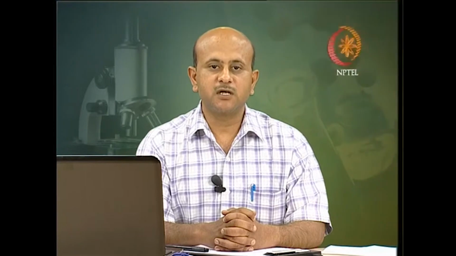So, this completes the section on this particular technique. Today we have discussed two important light microscopy techniques using plane polarized light. One was DIC, or differential interference contrast microscopy, where two modified prisms, which are Wollaston prisms, were utilized, and which used the principle of conversion of phase differences into intensity differences.